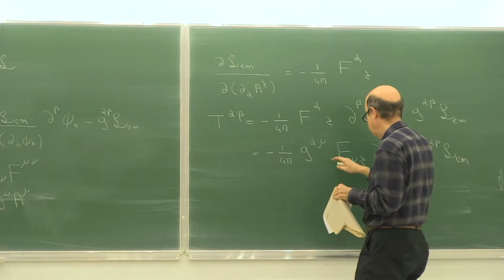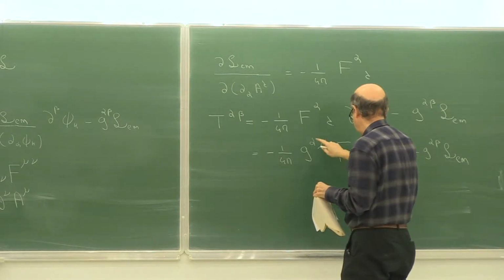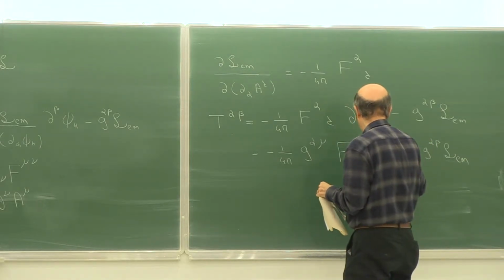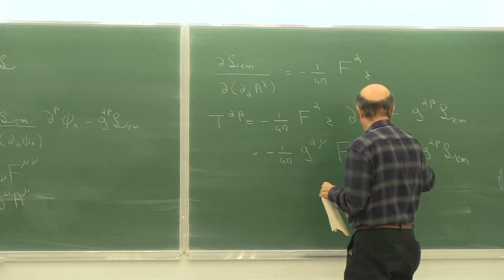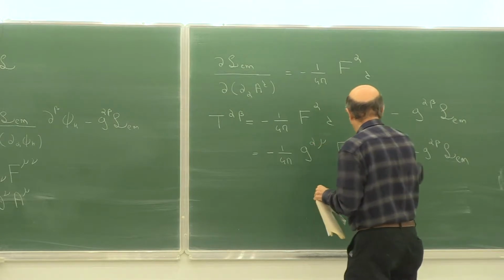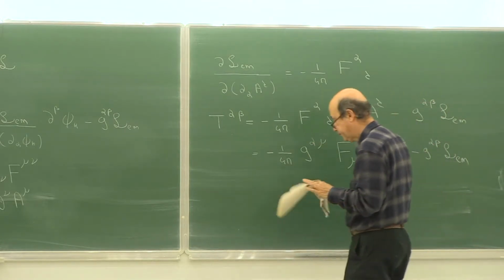Is it okay? Yes. If you contract mu and mu, this will be the alpha, and lambda is contracted, and the free indices are alpha beta.